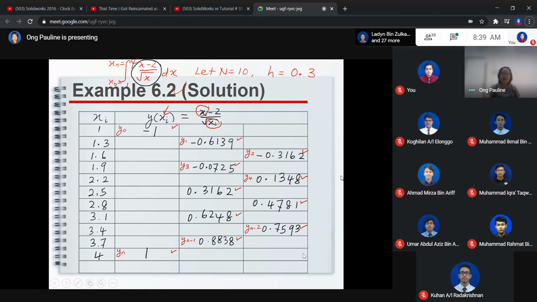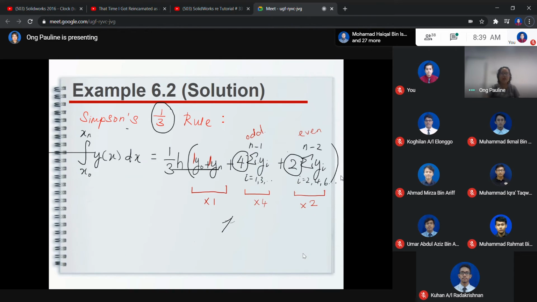So let us look at the equation of the Simpsons geometry again. Okay, so untuk ini you have y naught tambah yn. Okay, dan untuk yang kategori yang kedua, you have the summation of y odd number.